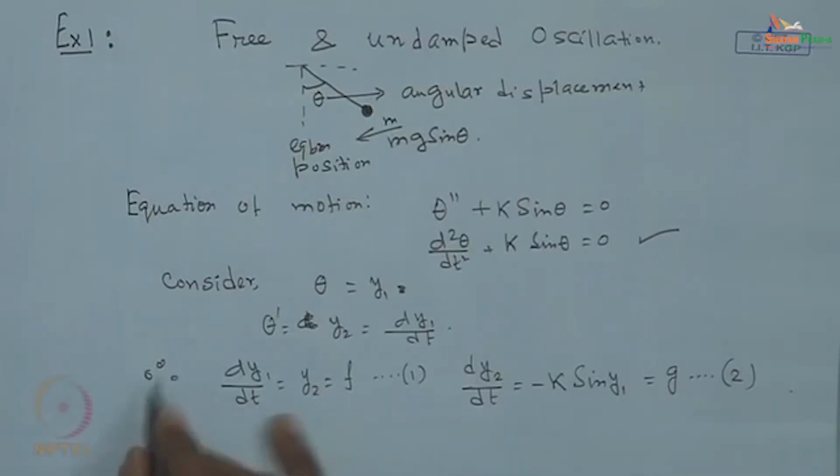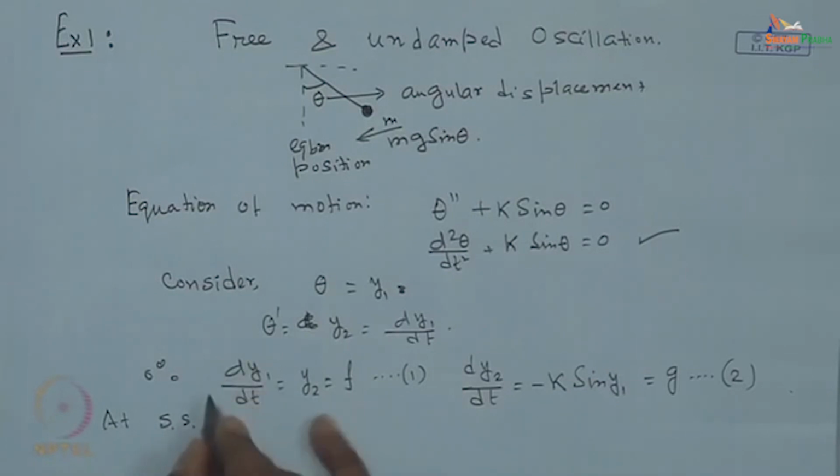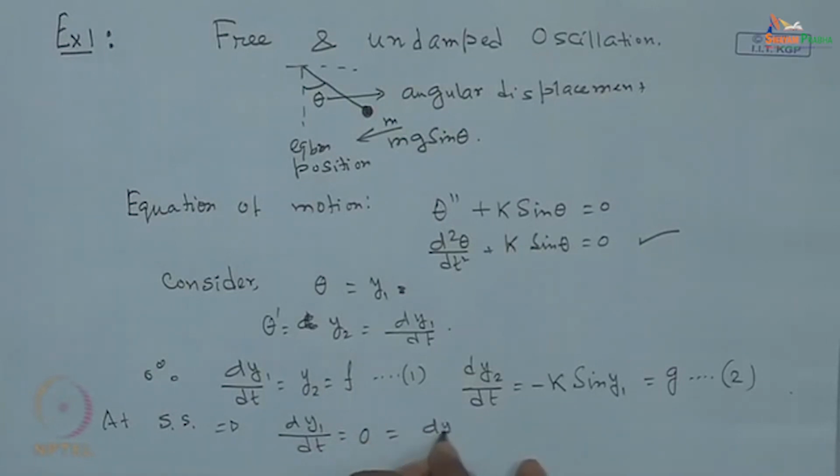The steady state will be obtained by putting dy1 dt equal to 0 and dy2 dt equal to 0.